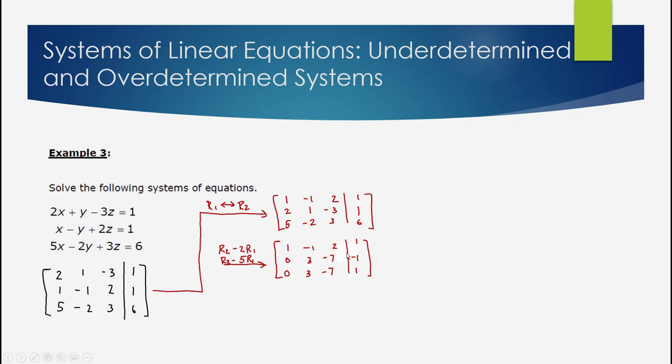Now here, if you're looking carefully, you can already see signs of perhaps a special case and maybe even no solutions, because what you have here is the exact same variables, no x's, 3 y's, and -7 z's on the left hand side of the last two rows, but they're producing two different results.